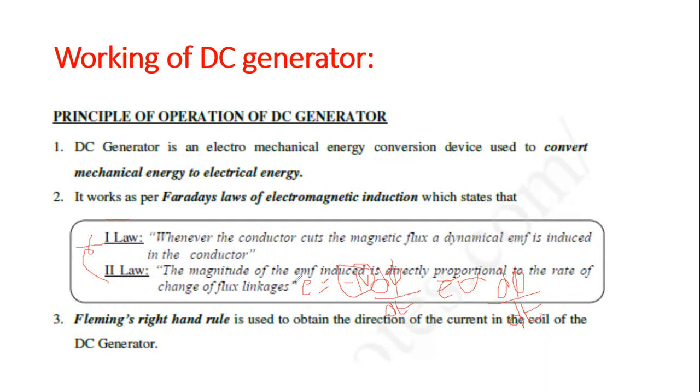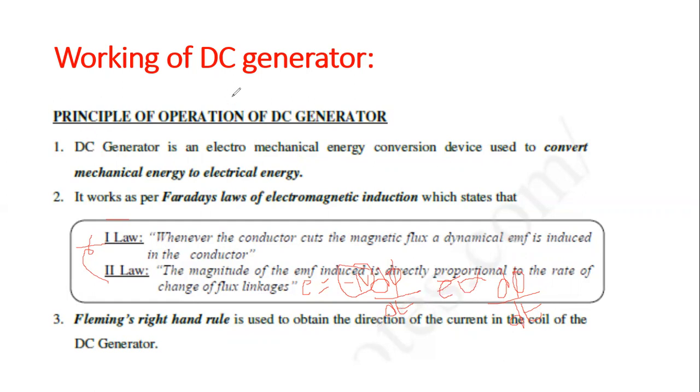The magnitude of the induced EMF is directly proportional to the rate of change of flux linkages, that is, E is directly proportional to d phi by dt. When we remove the proportionality constant, E is equal to minus N d phi by dt.